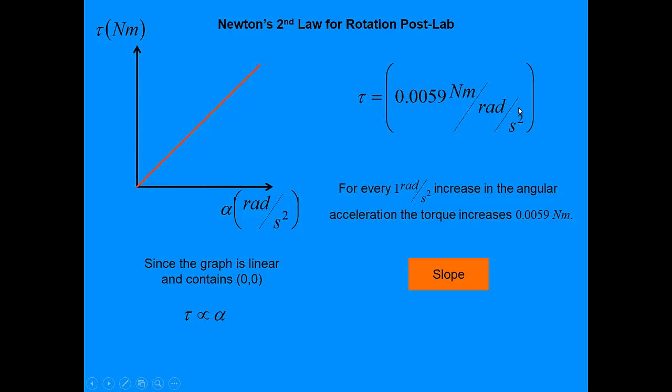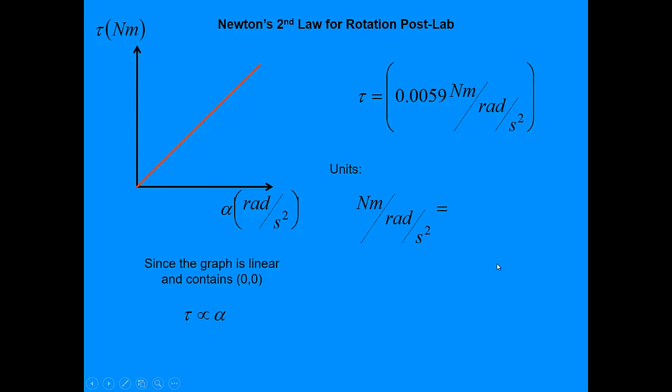Well, sometimes the units can give us a bit of a hint, but only after we reduce them. And we can reduce these units. A Newton meter per radian per second squared. Well, what does this line actually mean? It means divide. So this is a Newton meter divided by a radian per second squared.